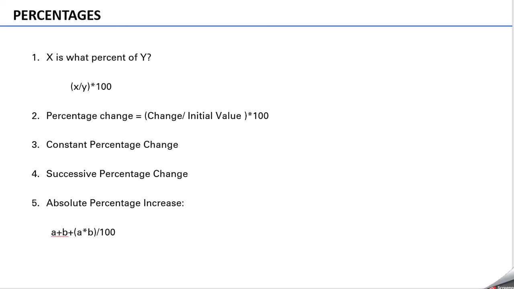So the first one is, let's look at the first concept. x is what percent of y? When someone asks this, we might get confused whether it is x by y or y by x.